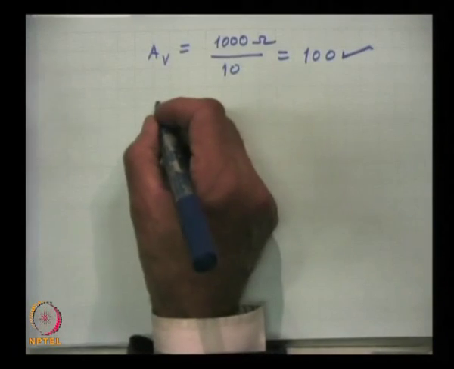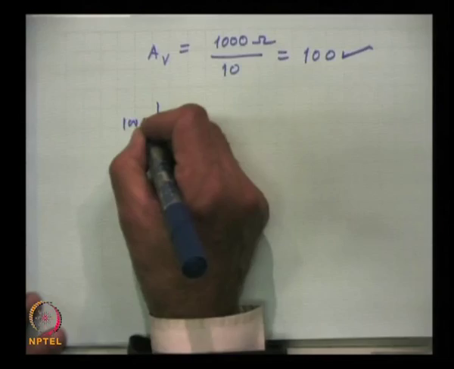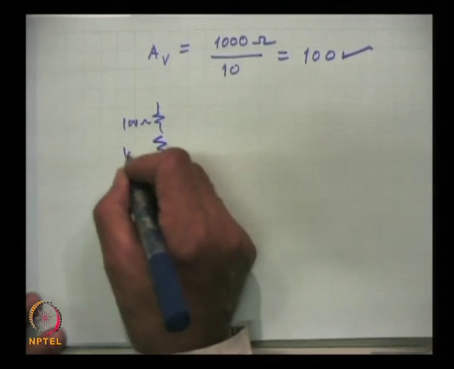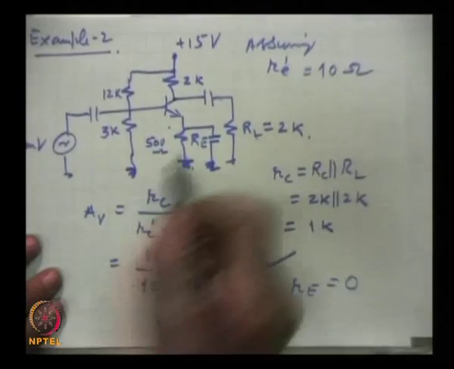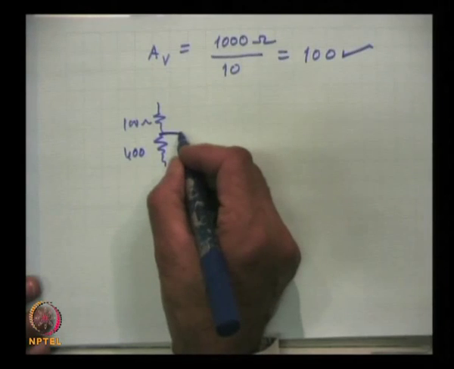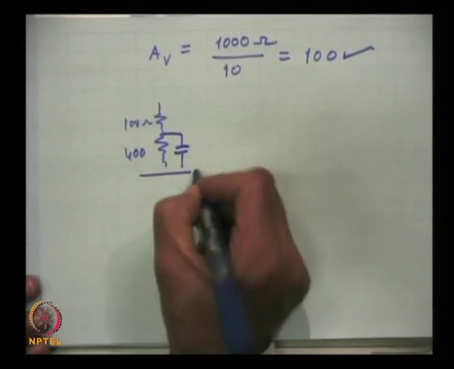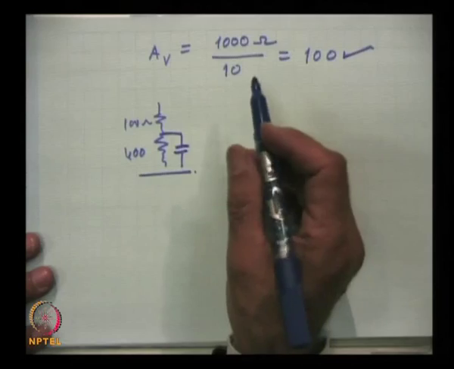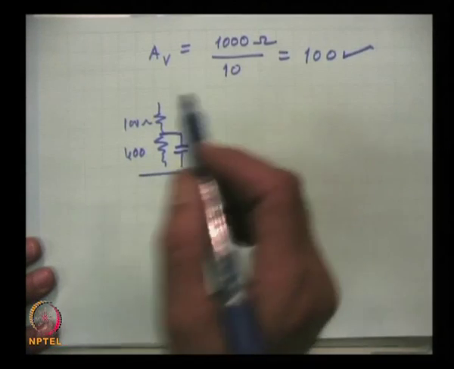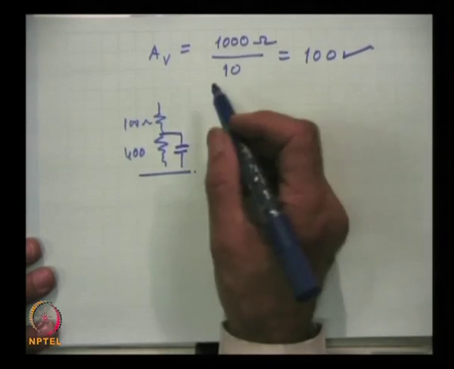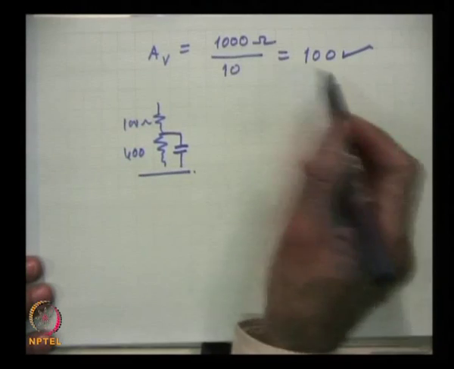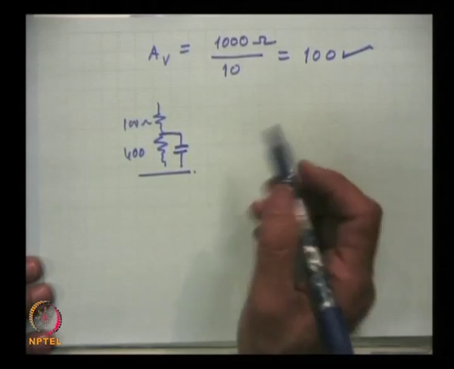So, if we use a 100 ohm resistance and a 400 ohm resistance, still it is 500, but then this 400 is bypassed. So, the gain will be now much better than 2, and we can calculate that.